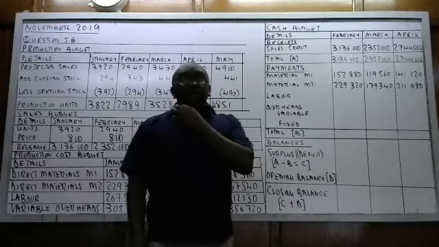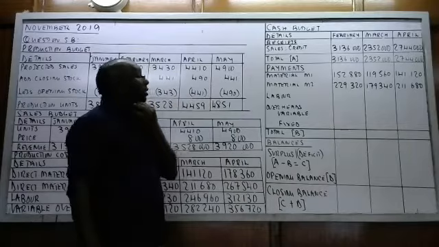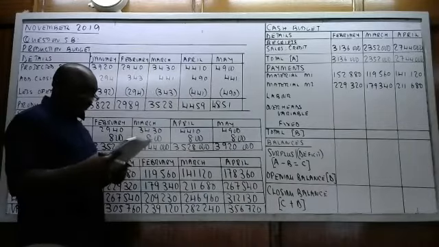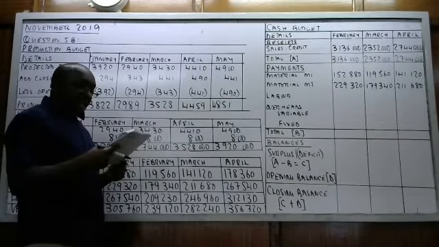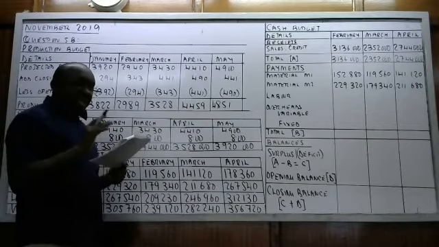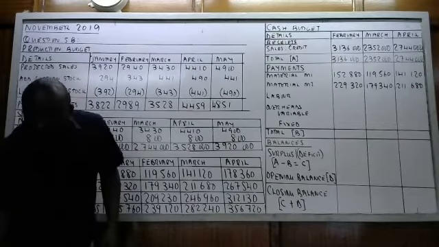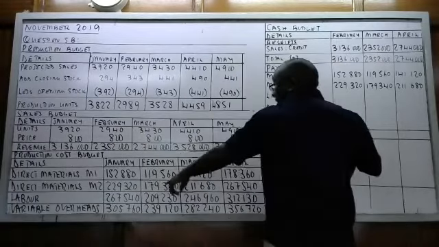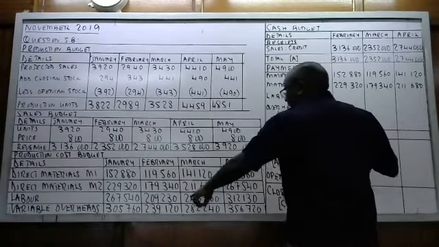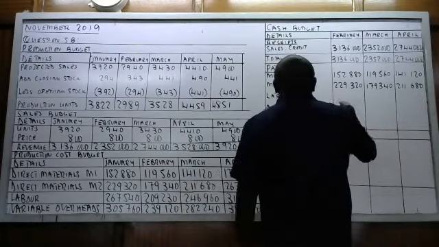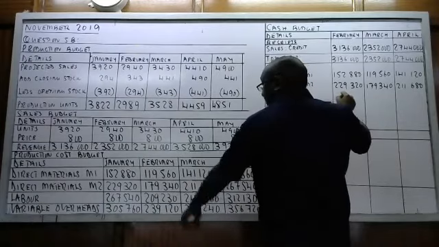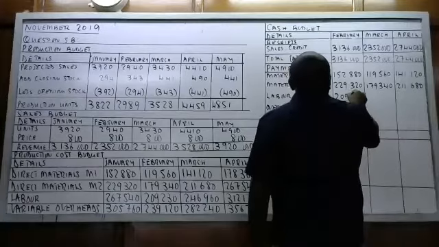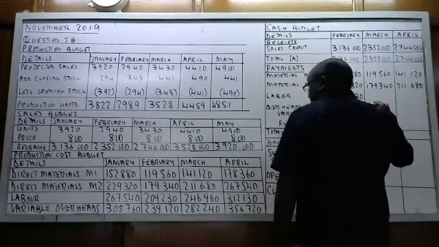Let us go to labor. Labor and variable overheads, we are told they are paid in the month of production. So hizo unalipa in the month of production. So labor in February hapa na hizi variable overhead kwanza nalipa labor ni 209,230.